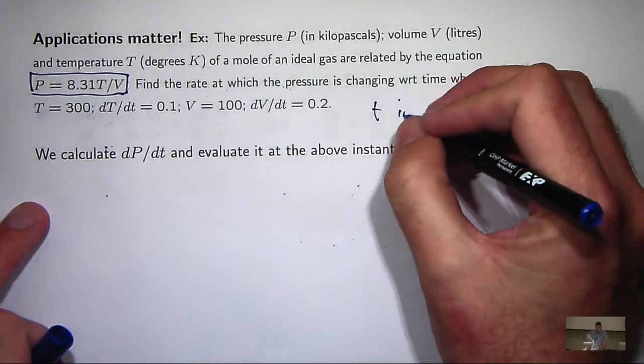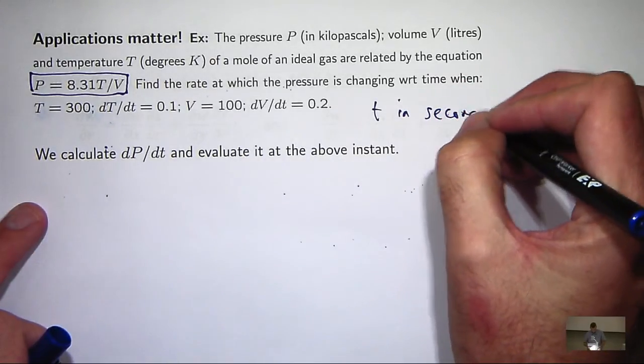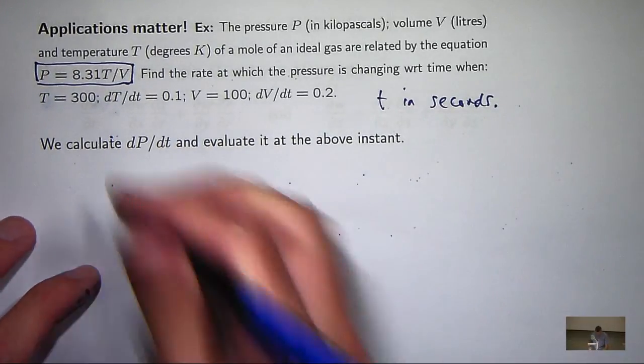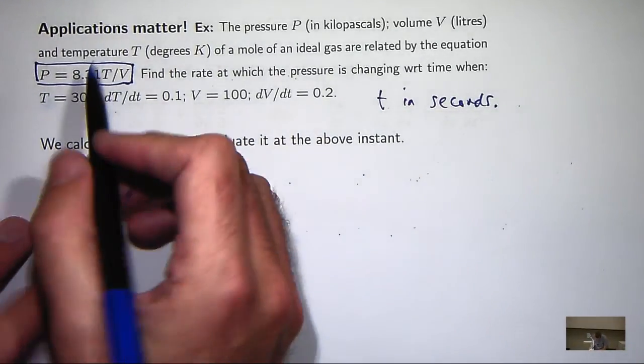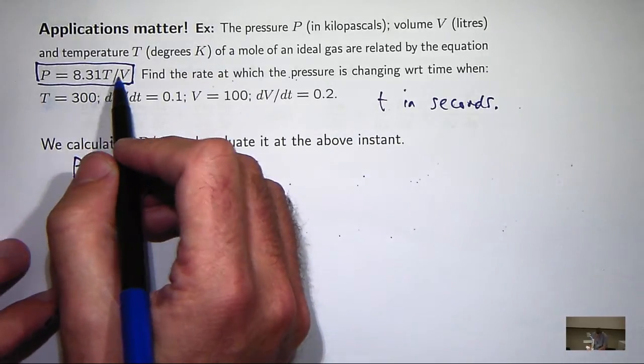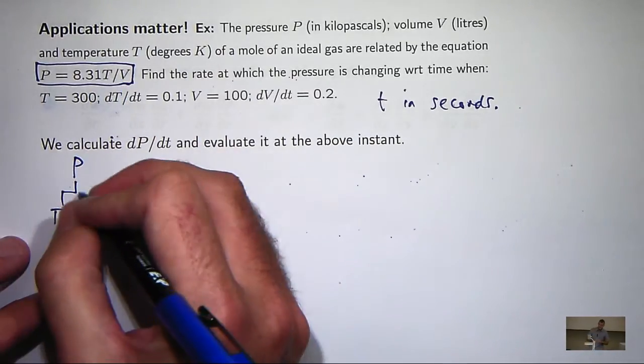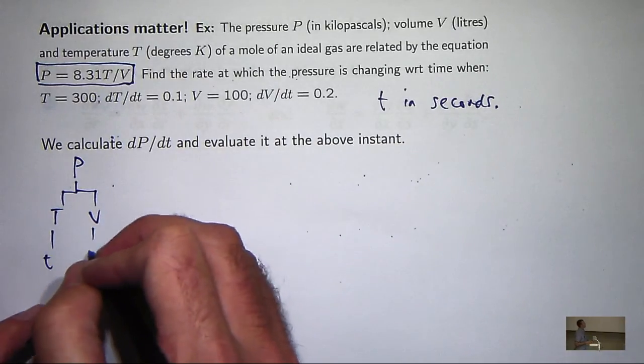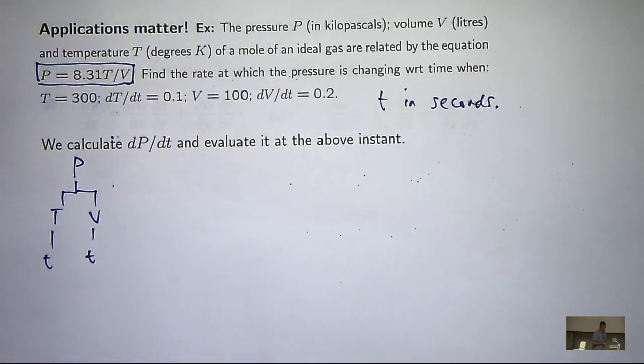Okay, so the first thing we need is our chain rule. So again, I'm just going to note that P depends on two things, temperature and volume, and both of those depend on time. So all I need to do to calculate dP d little t is just go down the branches, forming a derivative when I move from letter to letter.